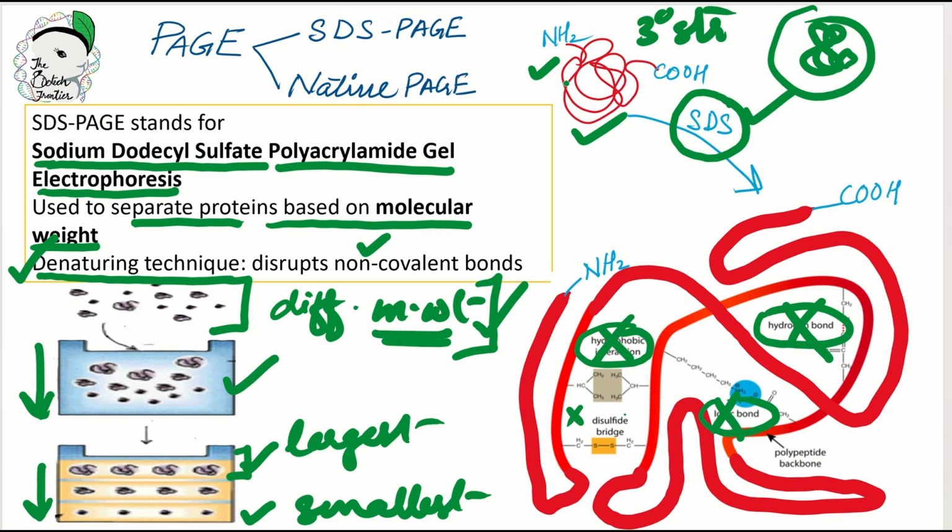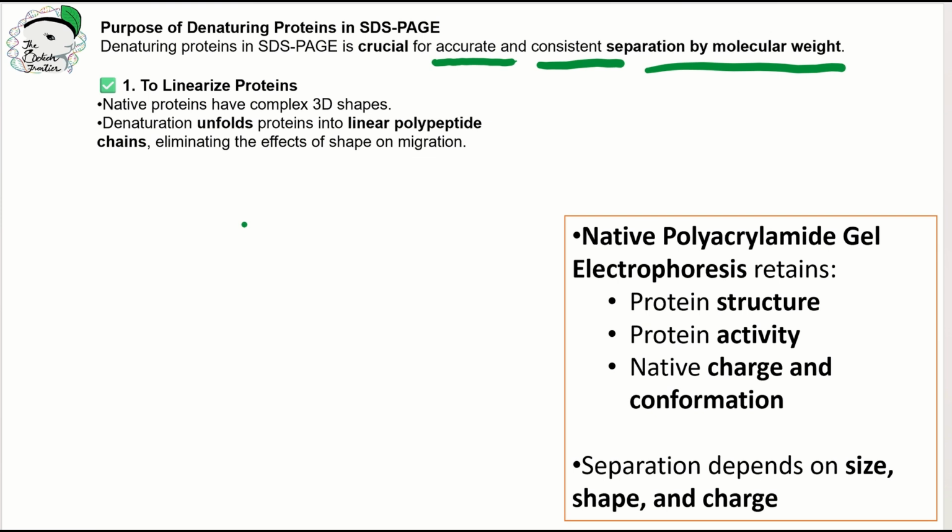In our body proteins adapt different shapes; some are compact, some are loosely compact. So to avoid those things, we are supposed to linearize the protein, so that there would be no discrimination.